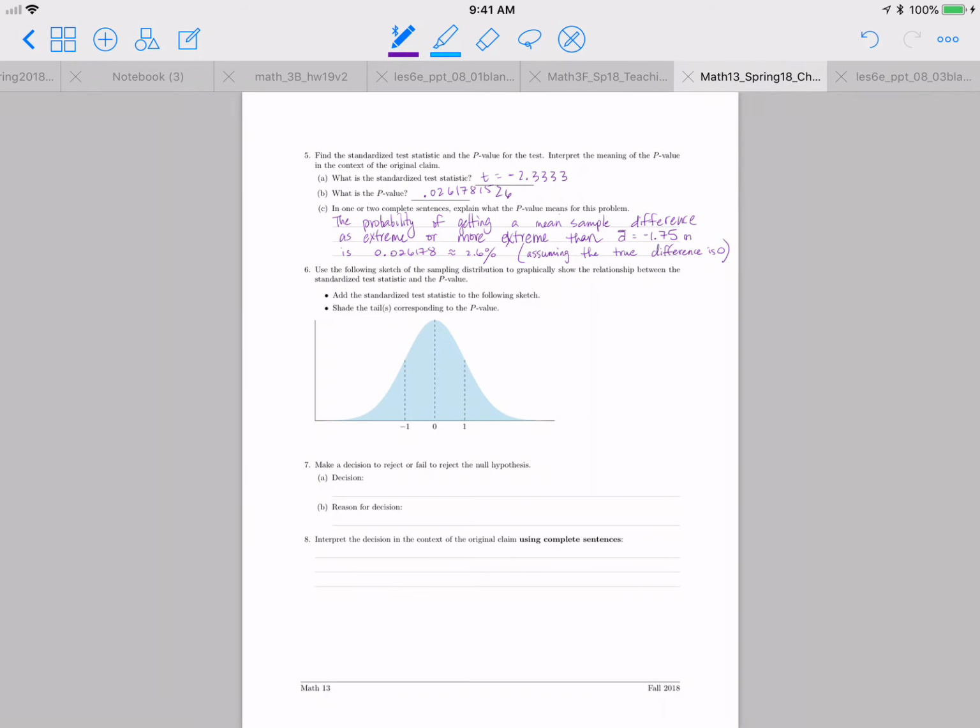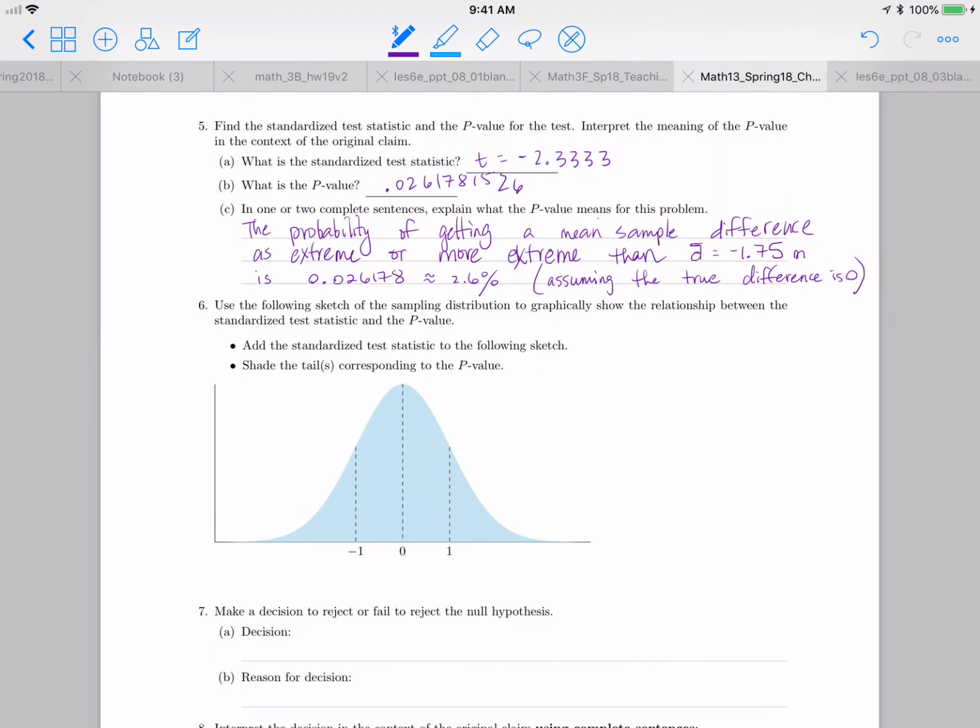Inches. So if there truly were no difference in wearing the shoes or not wearing the shoes, and we choose a random sample, what's the likelihood that we would get an average difference of negative 1.75 inches? We've got like a 2.6% likelihood.